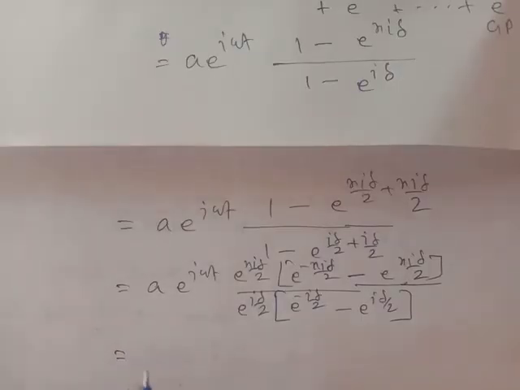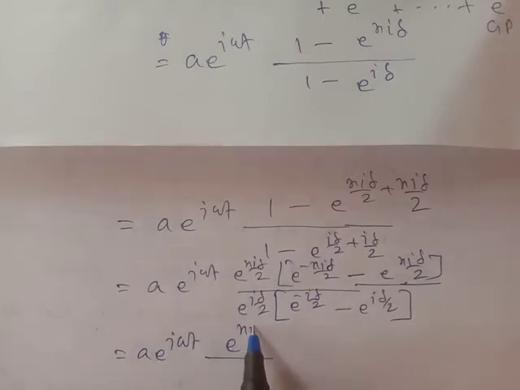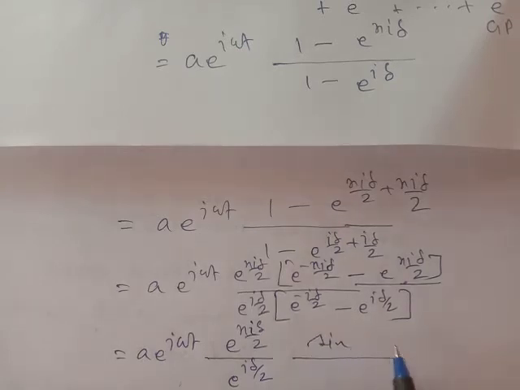Next we can write a e to the power i omega t e to the power n i delta by 2 over e to the power i delta by 2, and this will be sine n delta by 2 divided by sine delta by 2.